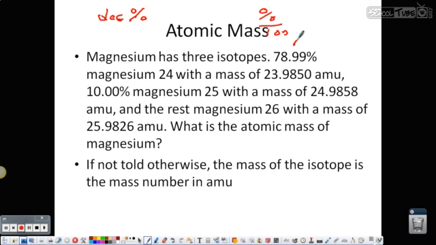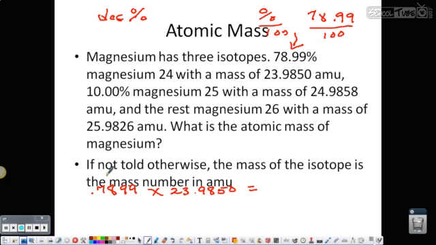The first percent is 78.99. So 78.99 divided by 100 is equal to 0.7899. Multiply that times the mass, 23.9850, and get an answer.